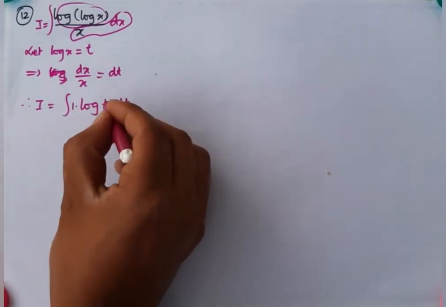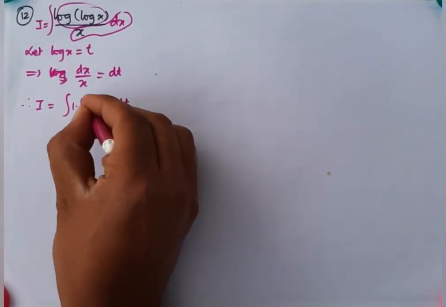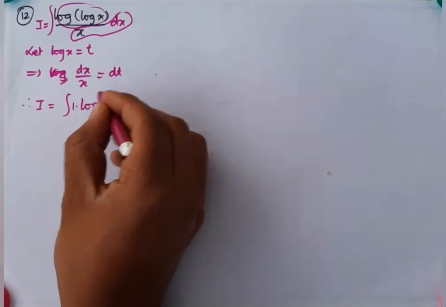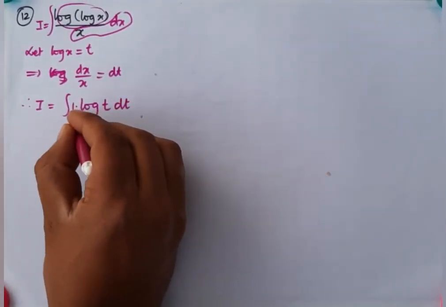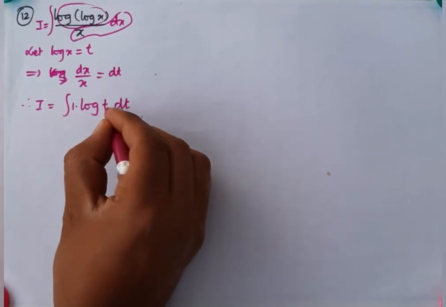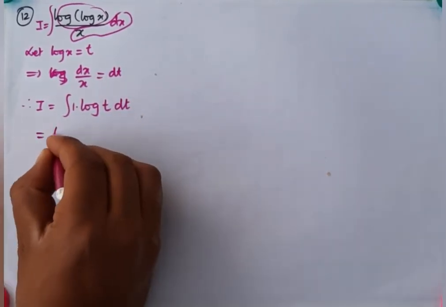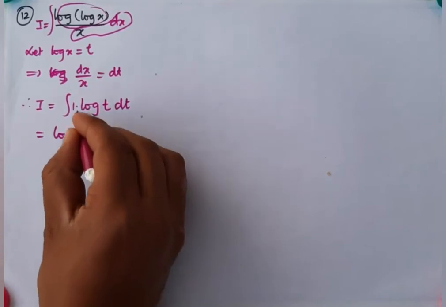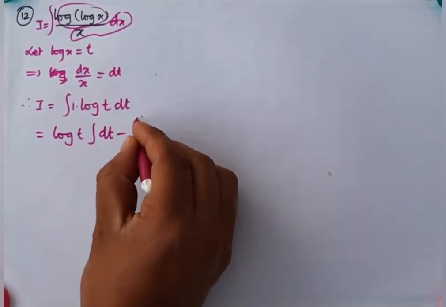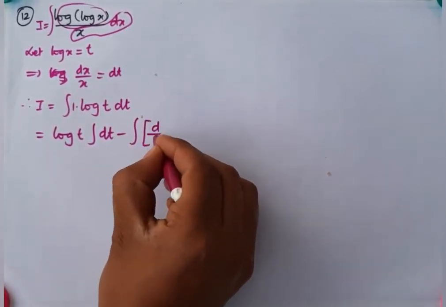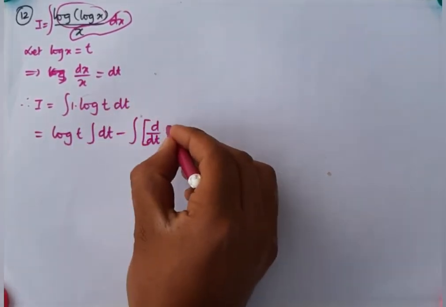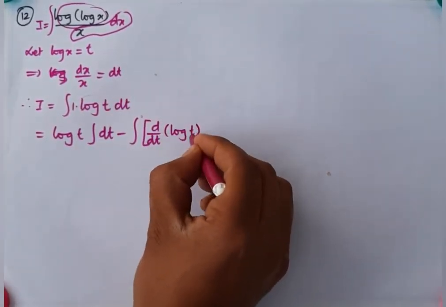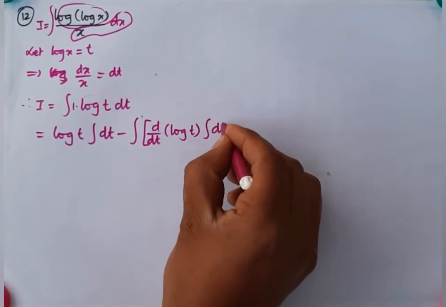Because 1 is constant which comes at last, this has to be integrated. That is, this is my second function, so this becomes my first function. So this is log t integral dt minus integral of derivative, that is d by dt of log t, into integral of dt.